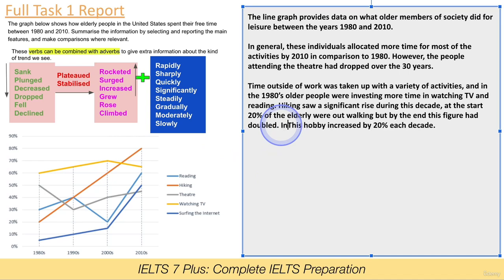In fact, I quite like "in fact". In fact, this hobby increased by 20% each decade. Okay, so we're drawing some information from the 1980s.